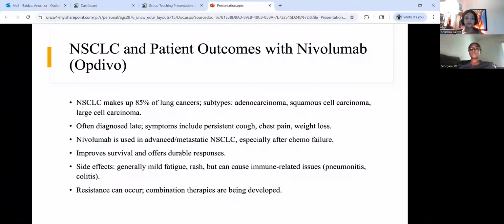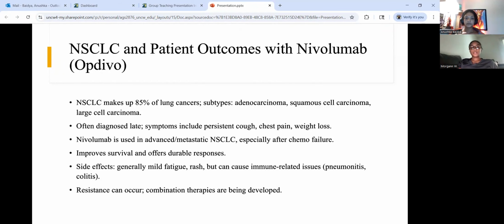Because Opdivo does target the immune system, although it may be aiding the T cells to fight off things such as cancer, it can also cause other immune system related diseases, like inflammation within the lungs, colitis, etc. And just like pretty much all cancer treatments that are out there, resistance can occur, which is why Opdivo is mainly used within combination therapies with other drugs, therefore maximizing the best quality of life for a patient.